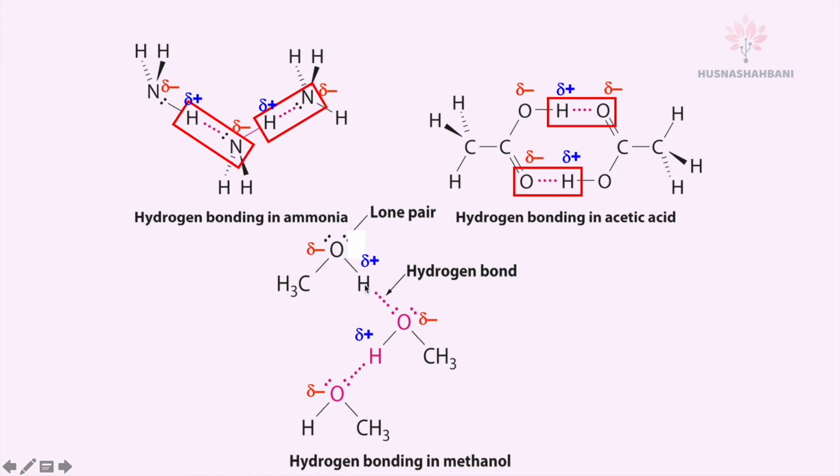This hydrogen that is bonded to NOF, here it is bonded to O. This hydrogen will make hydrogen bond with N, O or F. In this case, it's O with lone pair. Second condition. So that is hydrogen bonding in methanol. Same goes for this one.